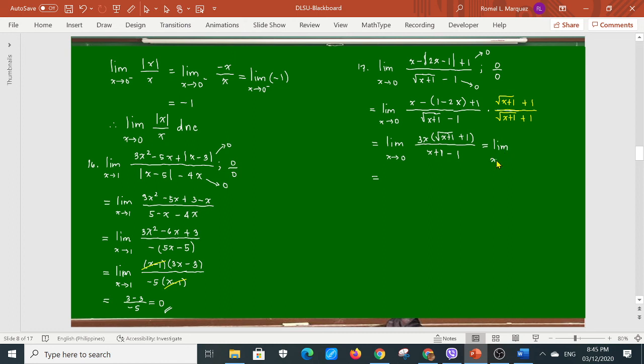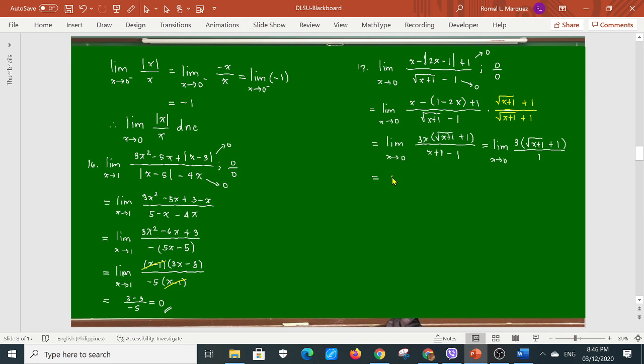Getting 3 times the sum of the square root of x plus 1 and 1, all over simply 1, because 1 minus 1 is 0. So x cancels with x. So, nothing is left.